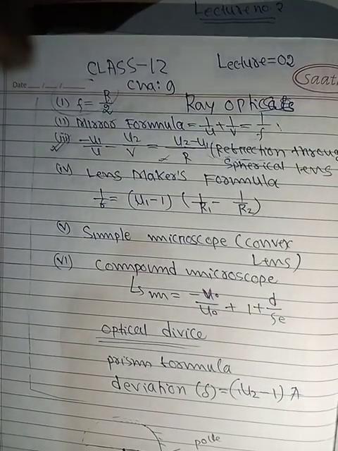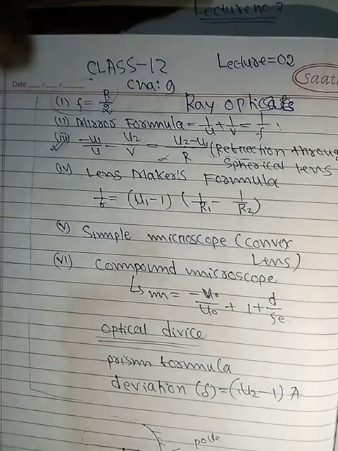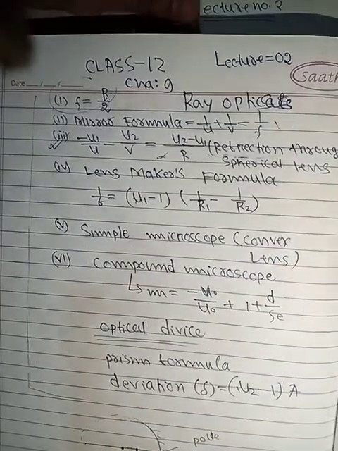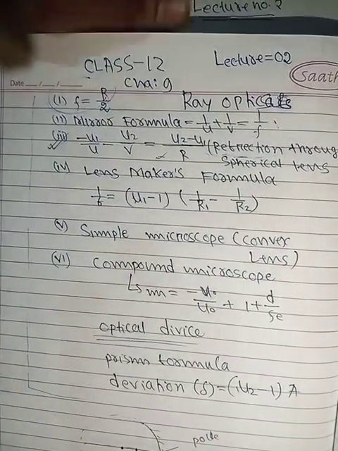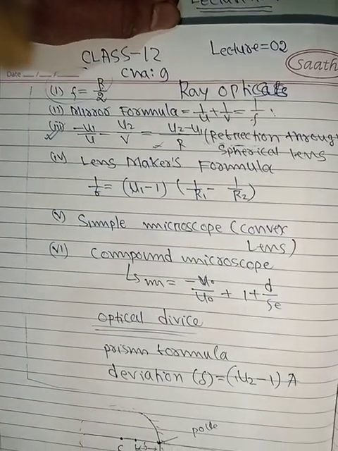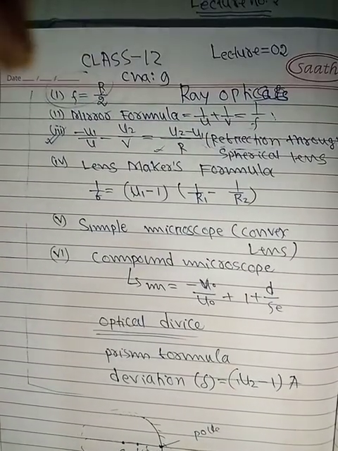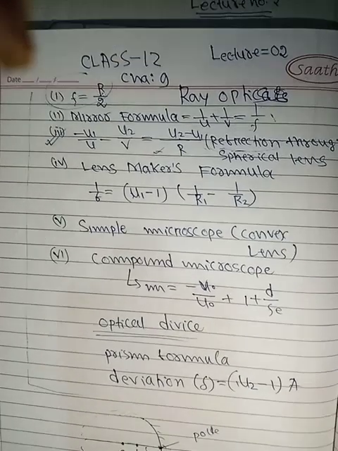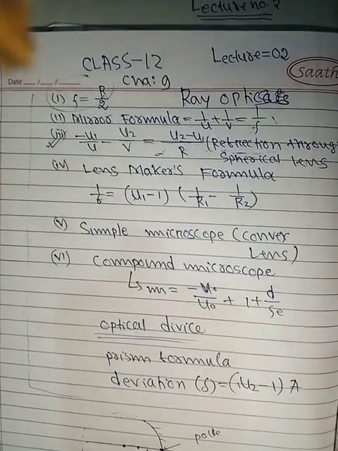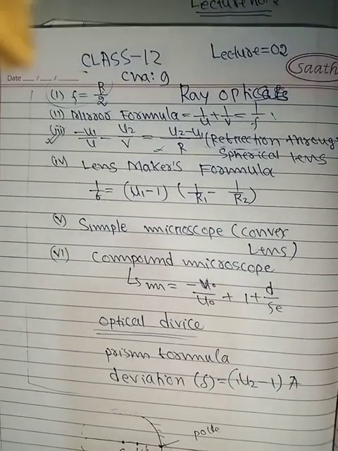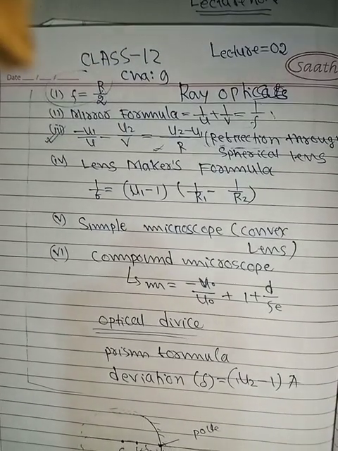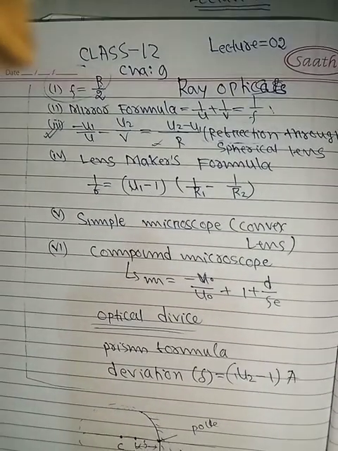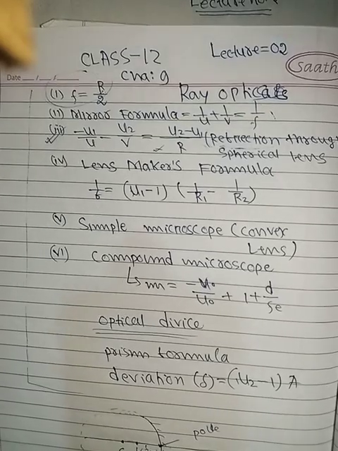So my dear friends, these are some equations from chapter number 9. You need to focus on it and study each and every subject and lesson in a proper way. For smart study, I collected this.